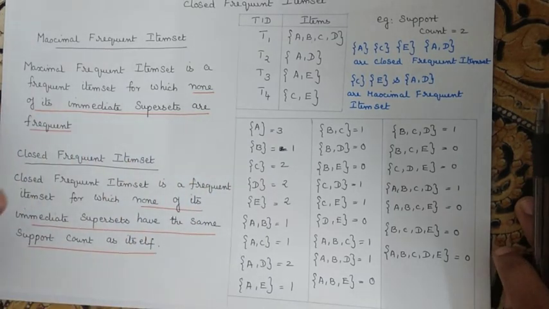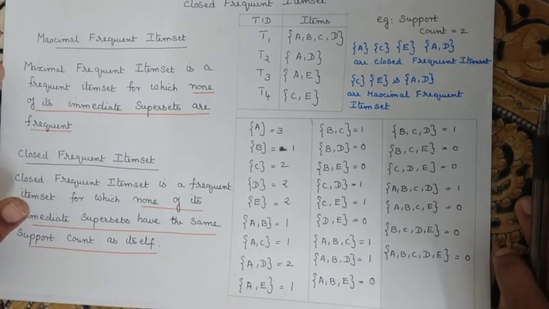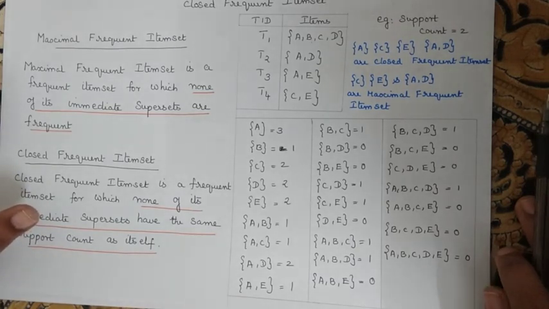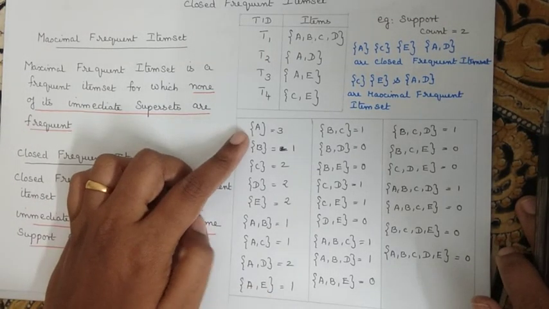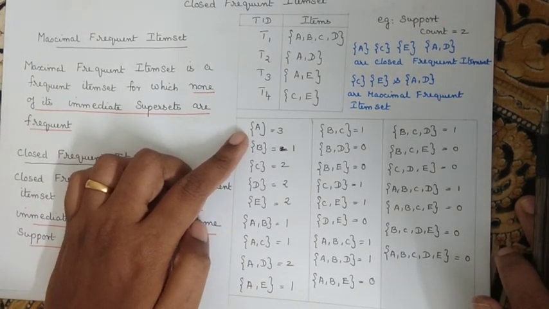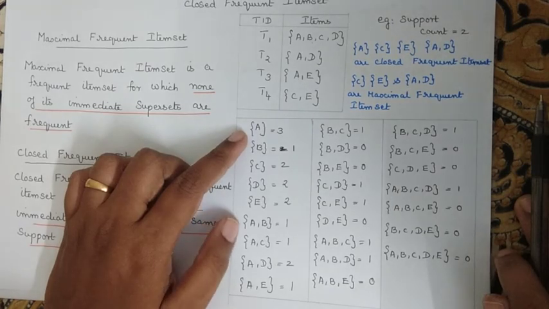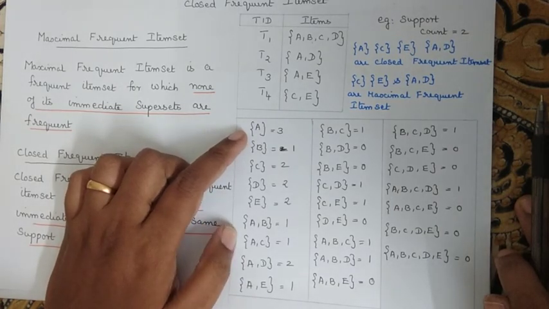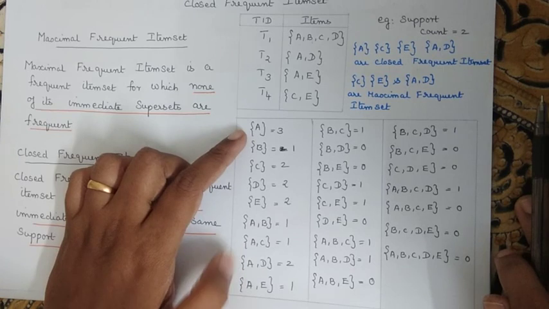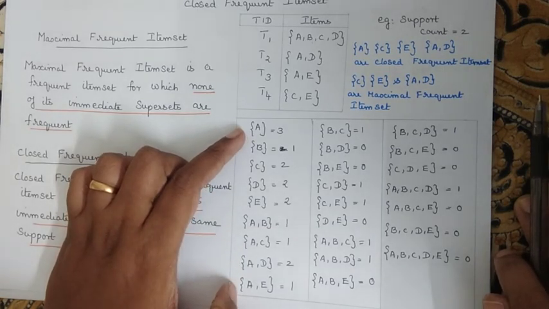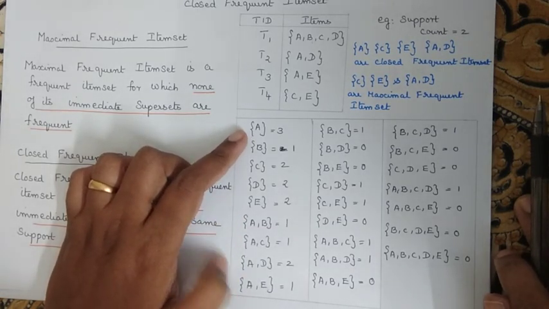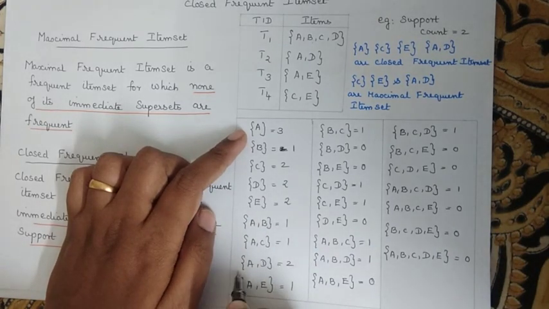So we move on to the maximal frequent item set. A maximal frequent item set is a frequent item set for which none of its immediate supersets are frequent. For example, I go to A. A is 3, and I take the immediate supersets of A: AB, AC, AD and AE, and look at their counts.